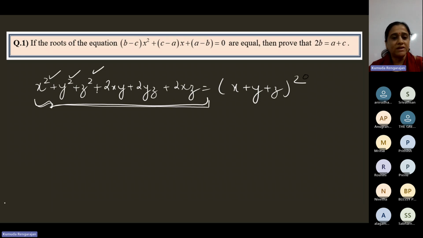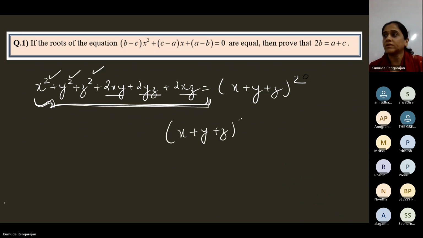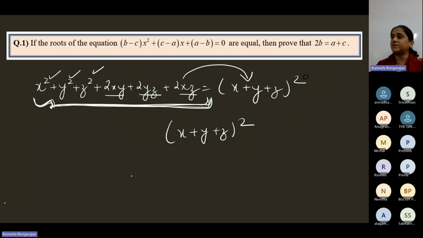If you have the 2xy term, 2yz, and 2xz term, and the expression satisfies the rule here, then you can write the answer as x plus y plus z the whole square.